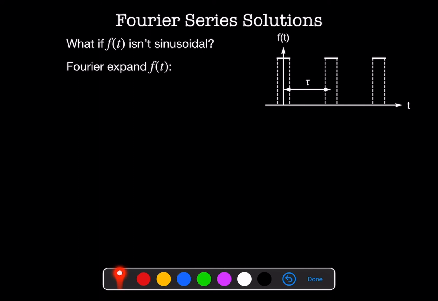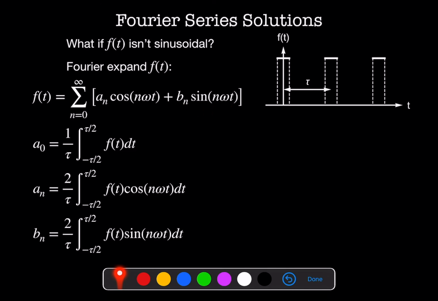So what we're going to do is Fourier expand f of t. This is going to be the sum from n equals 0 to infinity of some constant times cosine(n omega t) plus some other constant times sine(n omega t). And these constants are given by these definitions.